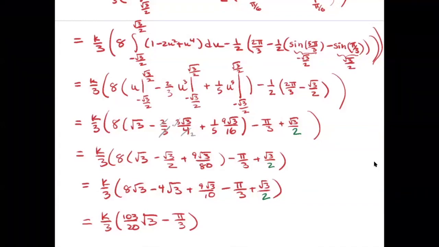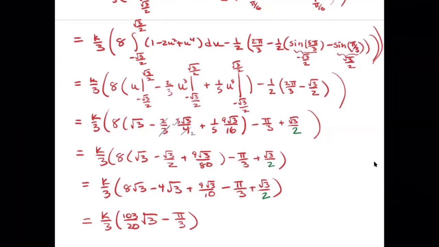No, for what? First step to second step. That's what I was doing. Pi over 3, negative. Okay, now that's a negative root 3 times negative a half, which is root 3 over 2. Oh, I forgot about that other half.